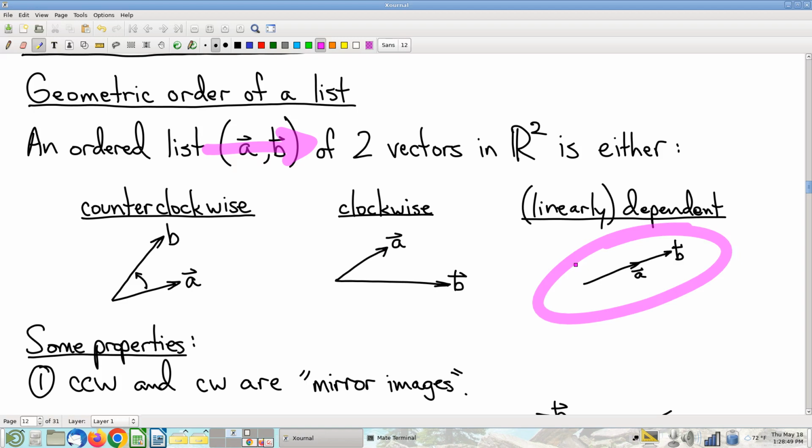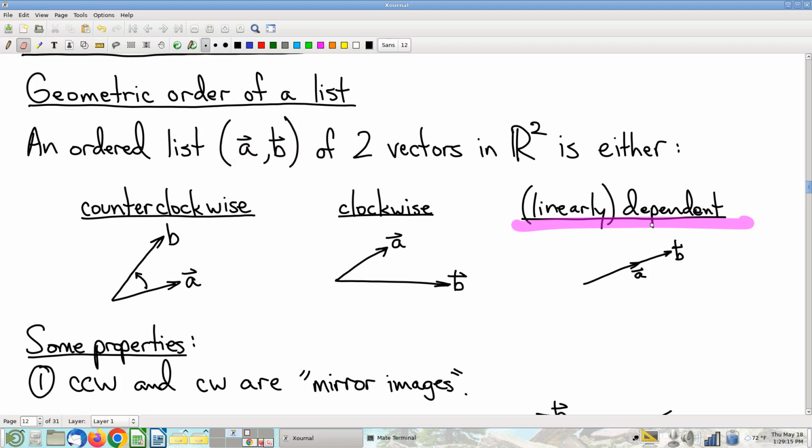One of the vectors could be 0, the other vector could be 0. They could both be 0. There are various other cases, and what I think is convenient to notice is that in all of those other cases, the vectors are linearly dependent. So I just lump them all together. The case 3, I like to call linearly dependent. I'm just going to usually say dependent. Is that cool?